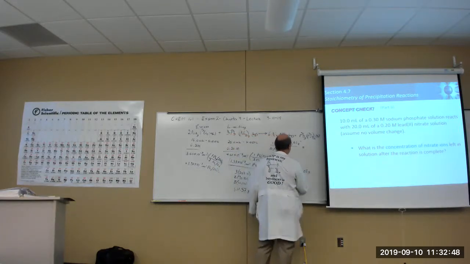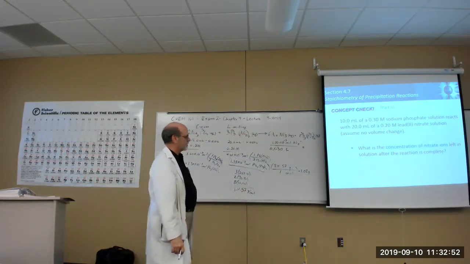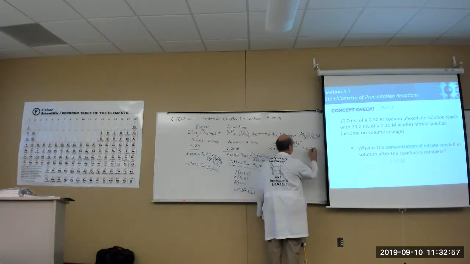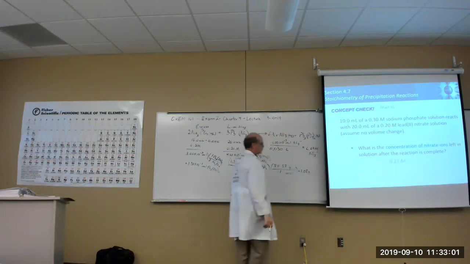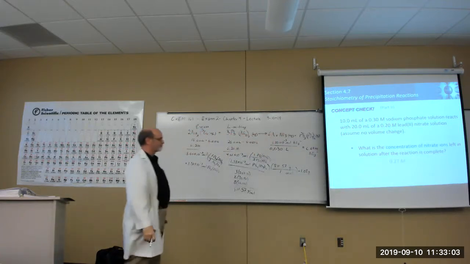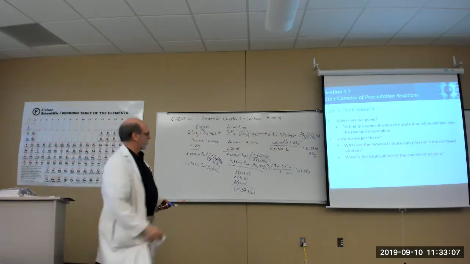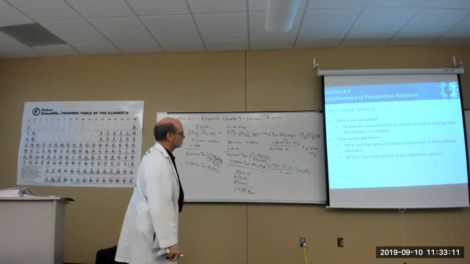Liters. Moles per liter. So 8 divided by 0.3, I'm not going to waste time on the calculation, is 0.27 molar nitrate. Okay? So here's the author's idea of solving the problem, which is fine.